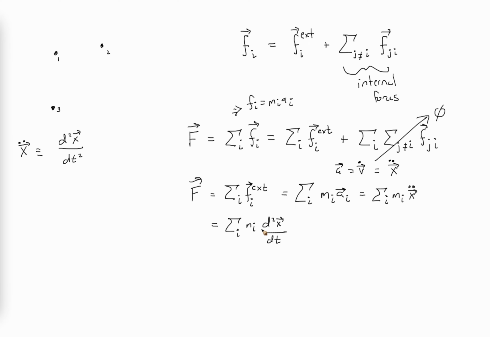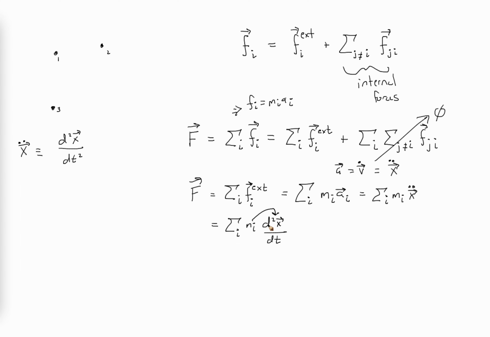All right, so one of the rules about derivatives, and this is something you'll have to take a calculus class to understand, is that there are sometimes things that you can pull in and out of the derivative like it was a parentheses. You know how you can factor things in and out. Well, in a similar fashion, we can factor out constants, and we can also put them back in. So the mass of each particle is a constant, so I can stick that inside of the derivative, and that's not going to change a thing.